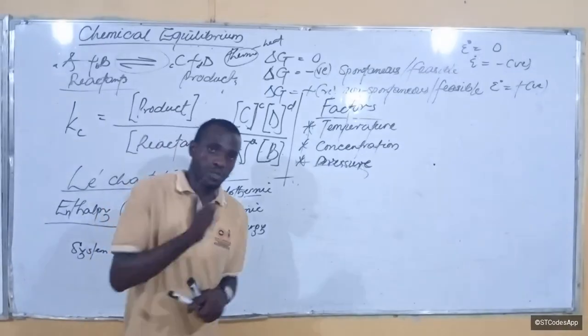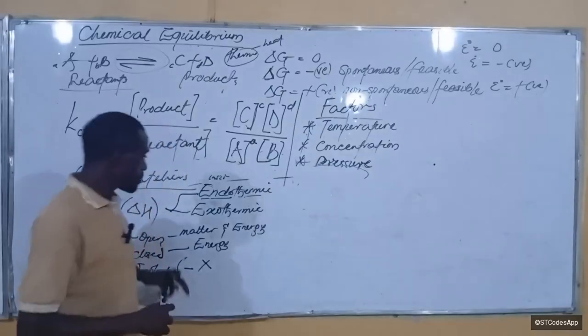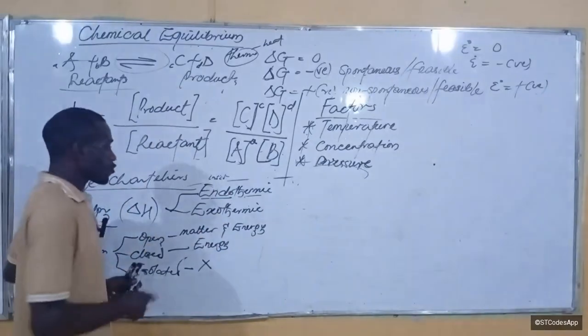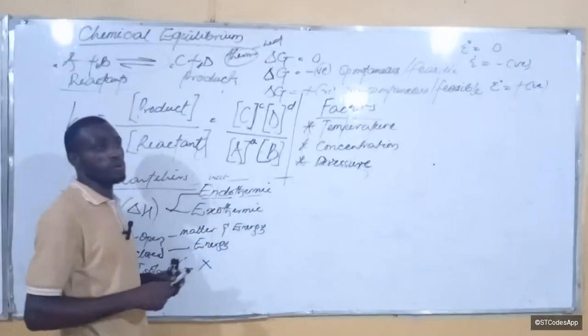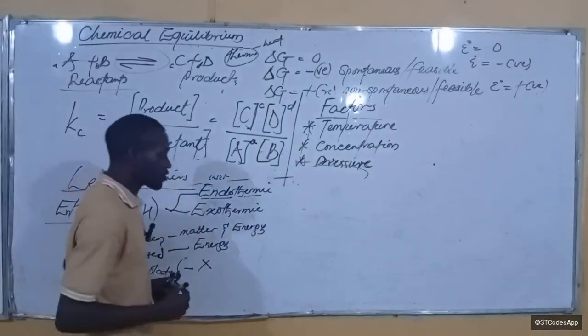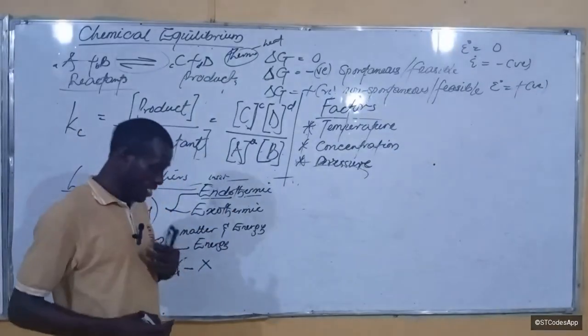Temperature is our perception of the amount of energy locked up in the system. Make sense? So endo is inside, therm is heat, so heat is going inside. Where will the heat be coming from? From the surrounding. Then an exothermic reaction or system is where heat is going out of the system.